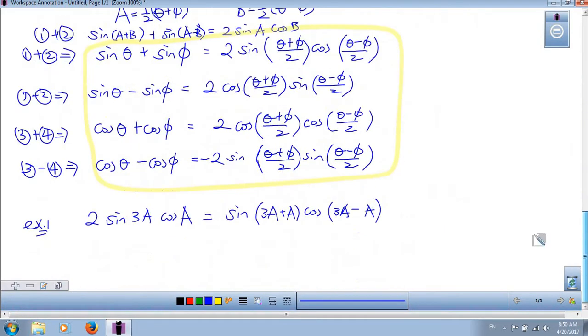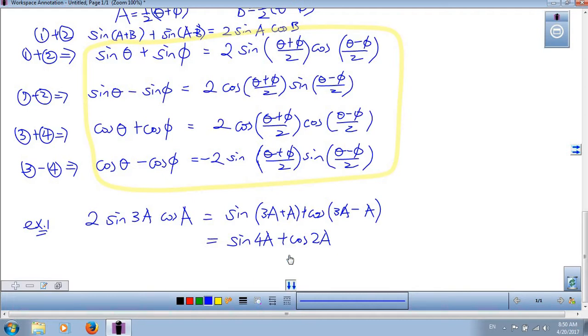Now the 1/2 there is being taken off because the 2 is over here. Alright, so we can simply do this as sine of 4a, sorry, I forgot it's a product to sum, plus sine of 2a. Okay, so it becomes sine of 4a plus sine of 2a.